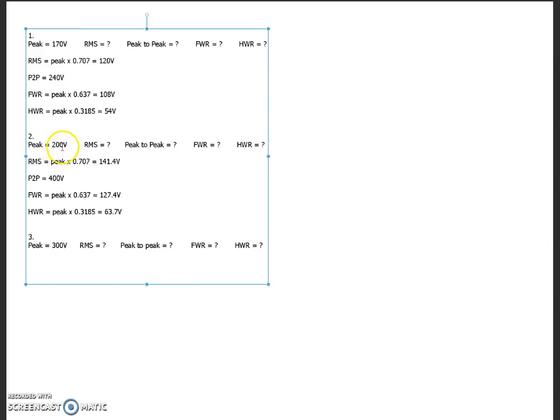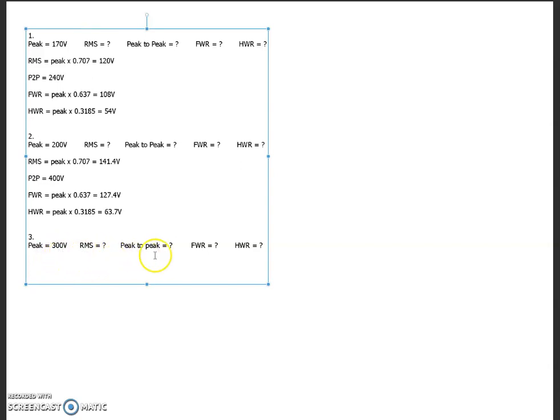Again, just change it up here. Peak is 200 volts. What's the RMS, peak to peak, full wave and half wave rectified? Same deal. 141.4. Peak to peak, 400 volts. Full wave rectified, 127.4, and half wave, which will be half, 63.7. So you want to pause the video here. Got a peak of 300 volts.